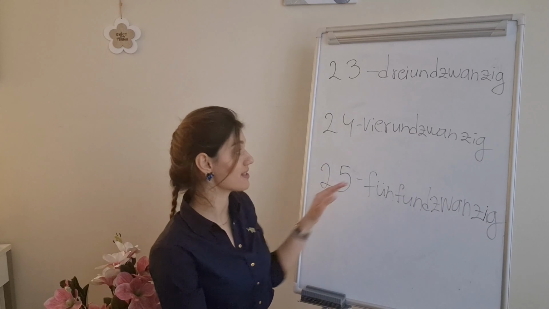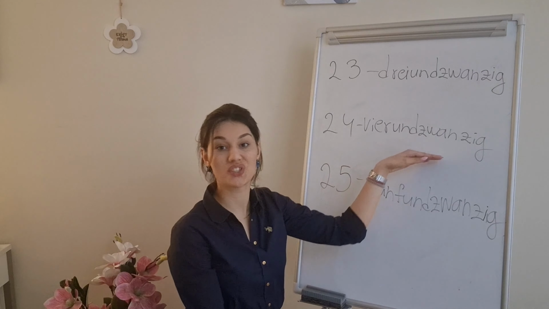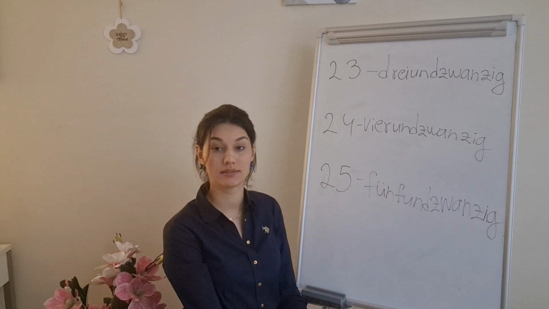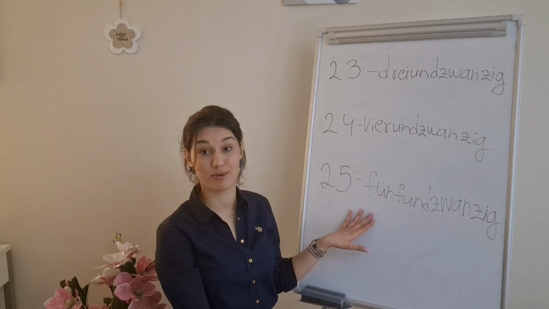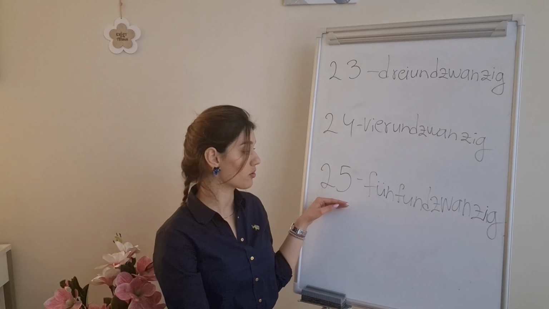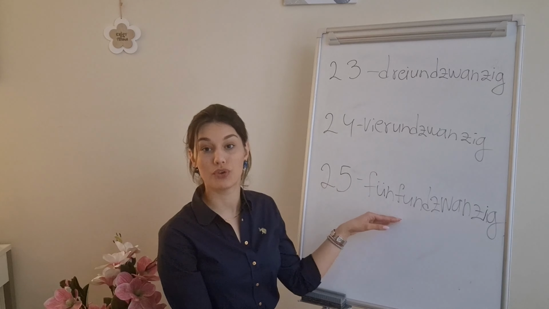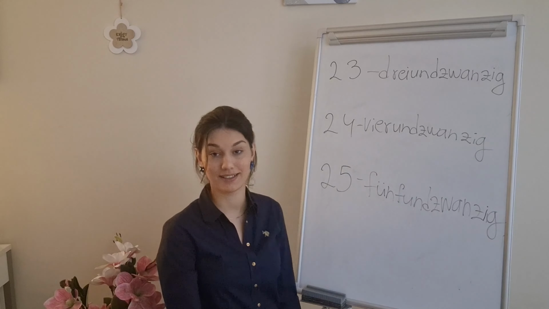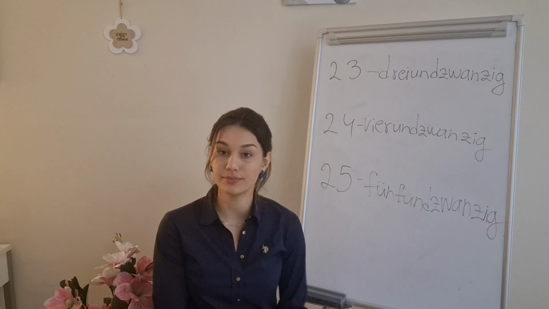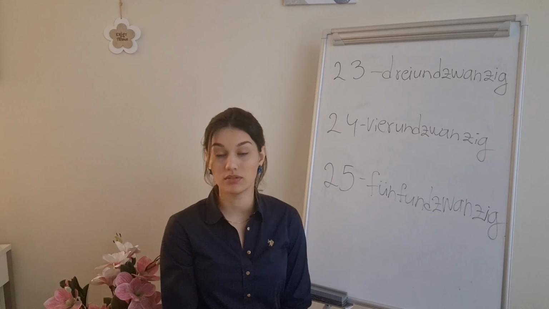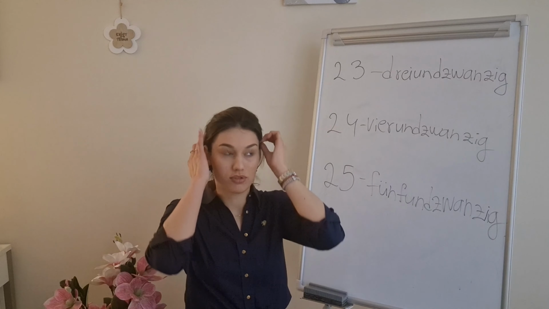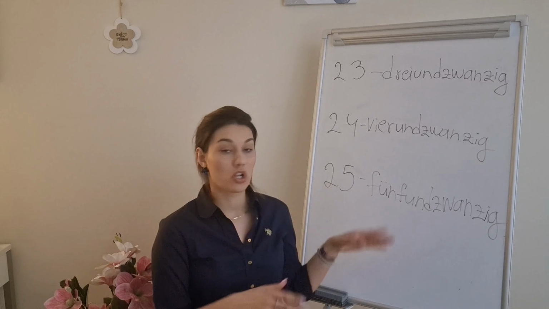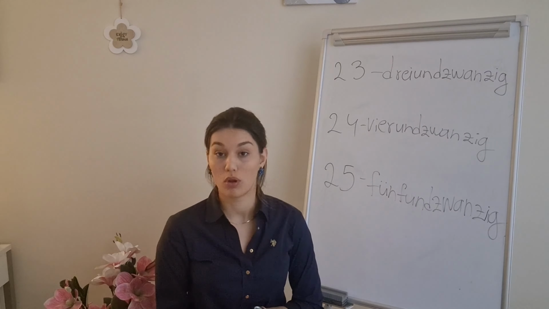It will be read as vierundzwanzig. And the last number for today will be read as fünfundzwanzig. And now you can pause the video to try and to pronounce these numbers once again by yourself and to see the logic for learning these numbers, all of them.